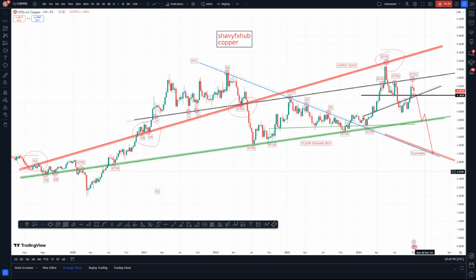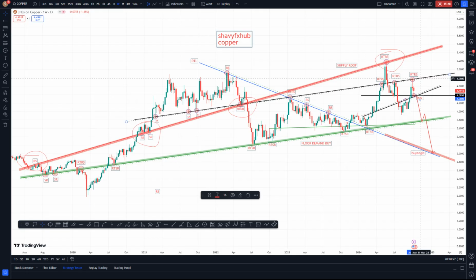4.38, sorry, 4.38. So at this level, 4.3858 will be a buy. If price returns to this level, it will be a buy. It will be a buy at this level. So we see price push to the upside into 4.7.